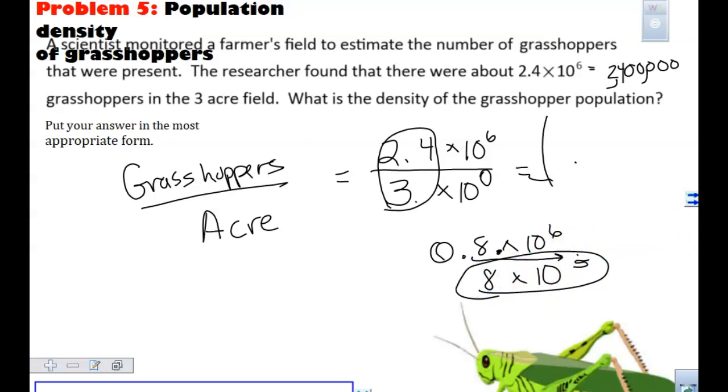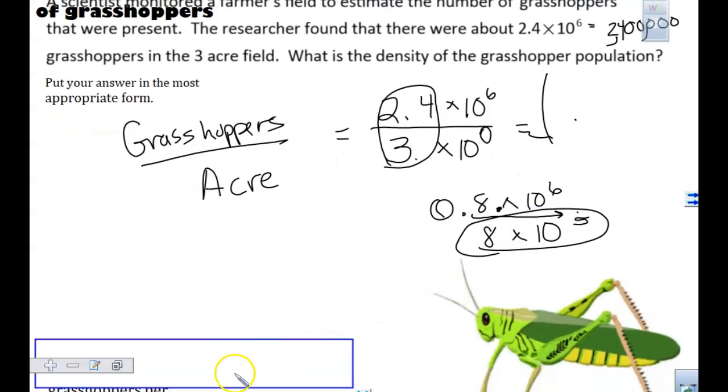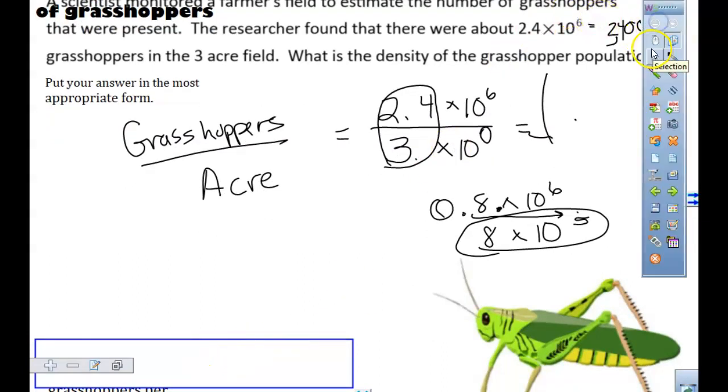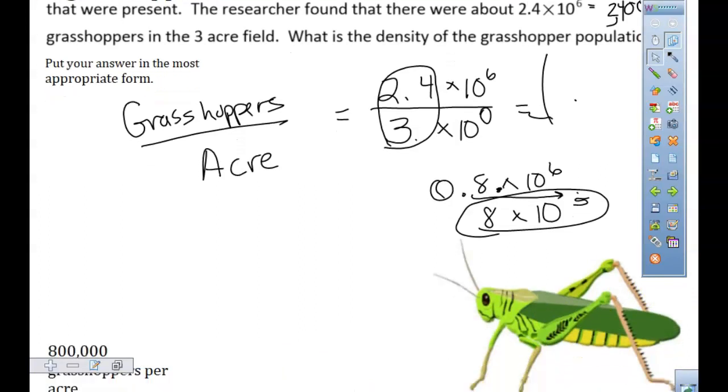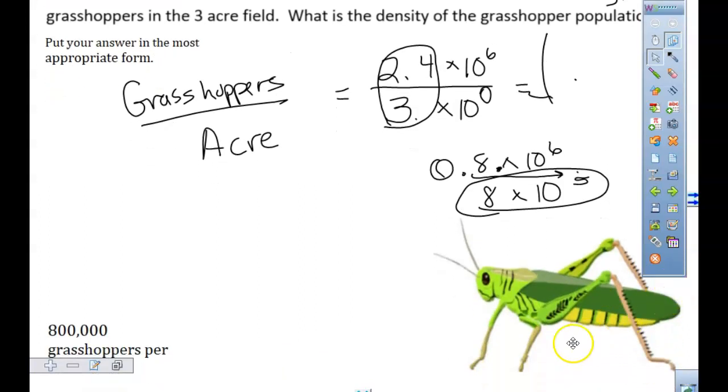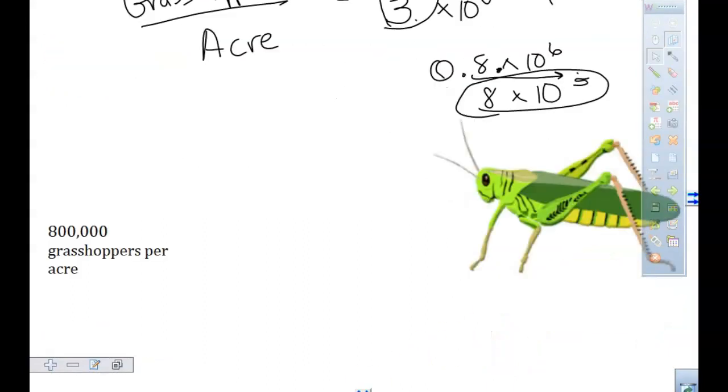Now, if at this point on the test you didn't want to write it in scientific notation, you could simply tell me how many grasshoppers that is, so that I could see on your paper that you wrote 800,000 grasshoppers, and you're going to want to make sure you put that label with it. So notice that we say per acre.